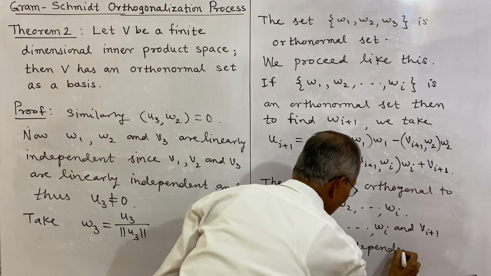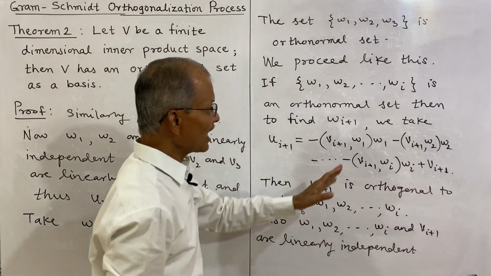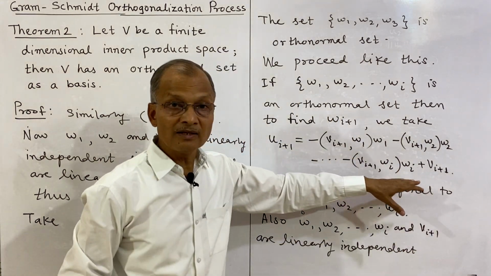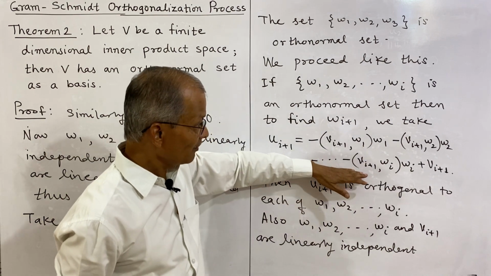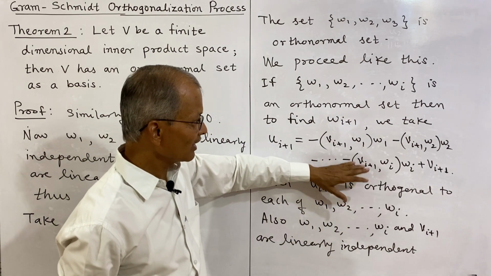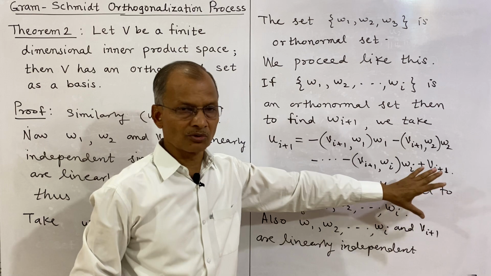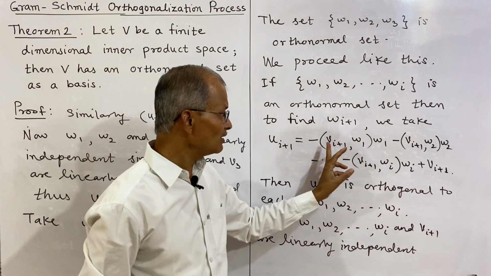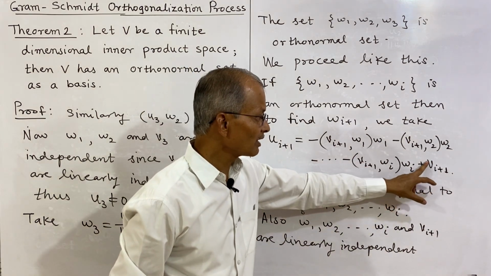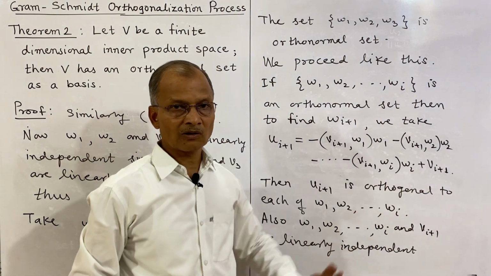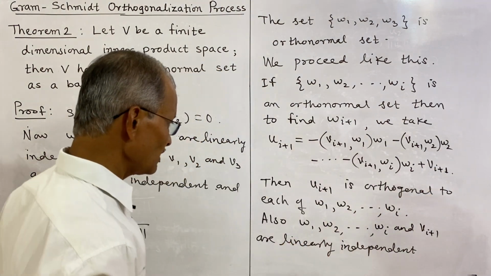As earlier, if they are linearly independent, their combination must not be equal to 0. If the combination is 0, then each scalar will become 0. Here the scalar is 1 and that cannot be 0. So, these are linearly independent.